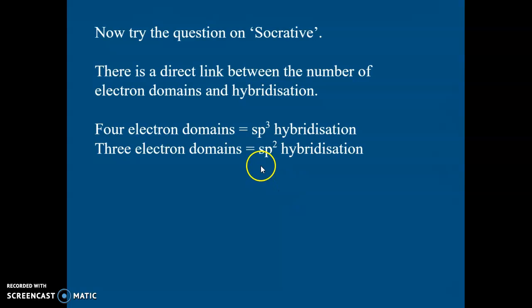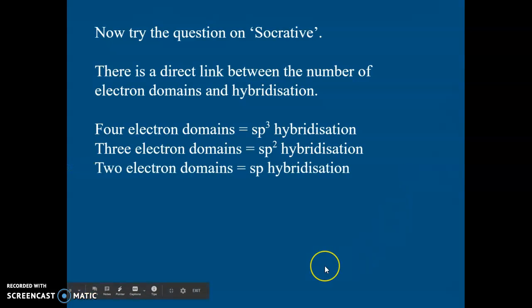Easy way to remember it, 1 plus 2 gives you 3 electron domains. 1 plus 3 gives you 4 electron domains. Did I say that in a patronizing enough tone for you? And 1 plus 1 gives you 2 electron domains.